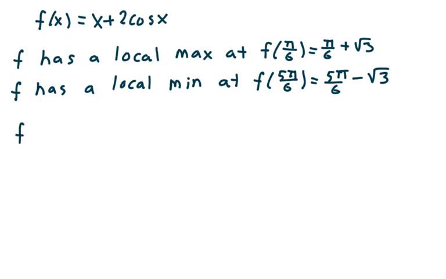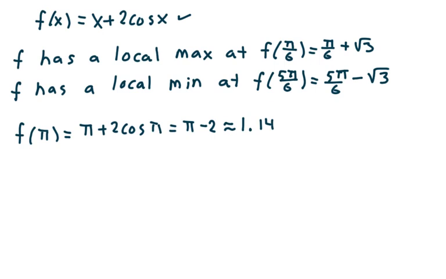Now, if I take f of pi, I'm going to replace x with pi. You get pi plus 2 cosine pi, which is pi minus 2. This is approximately 1.14, okay?